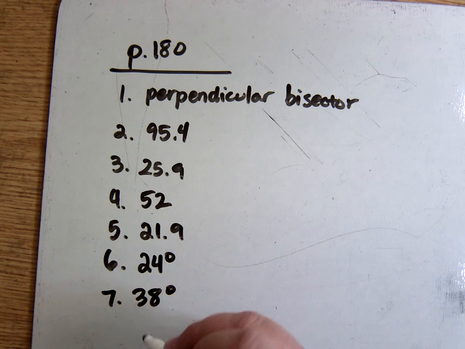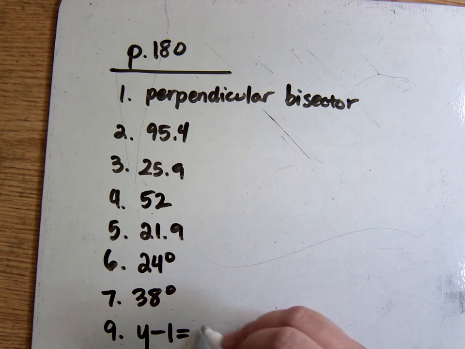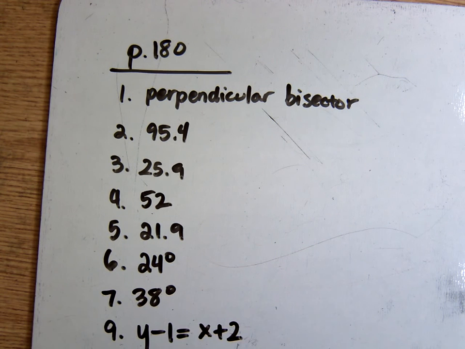On number 8, let's see, that one's a little bit more complicated. We'll come back to that one. Number 9, you get y minus 1 equals x plus 2. And number 10, you get y plus 3 equals negative 1/3 times x minus 3.